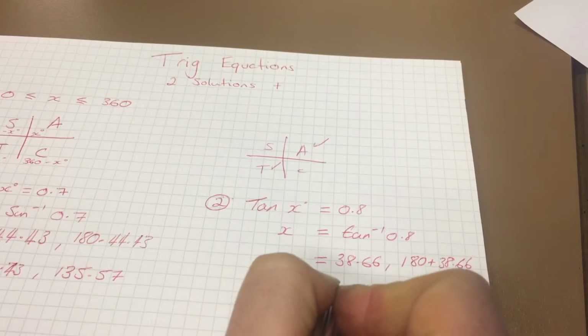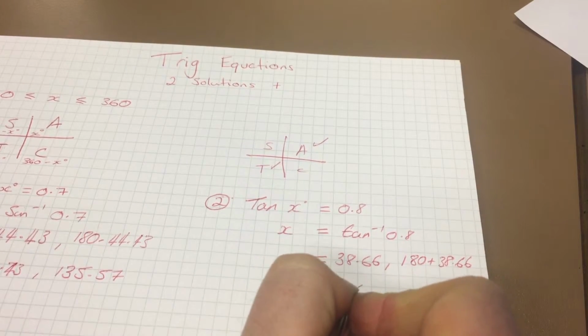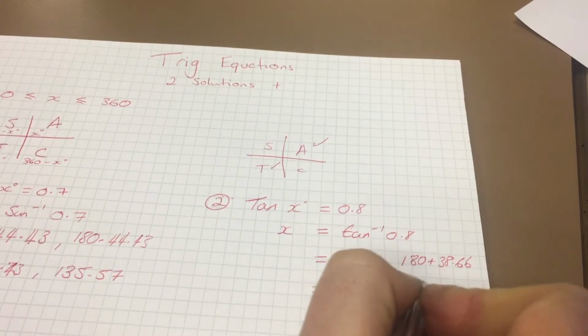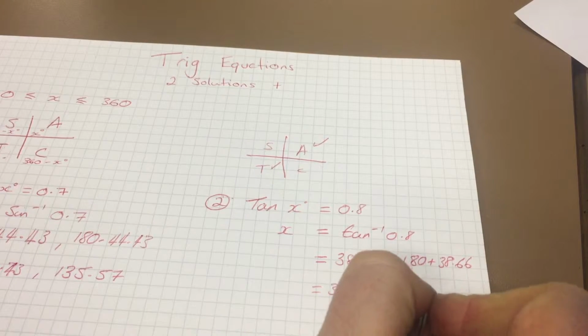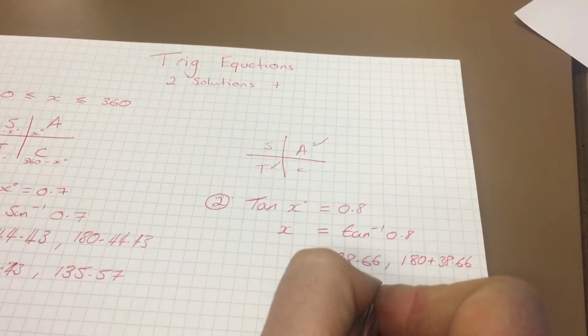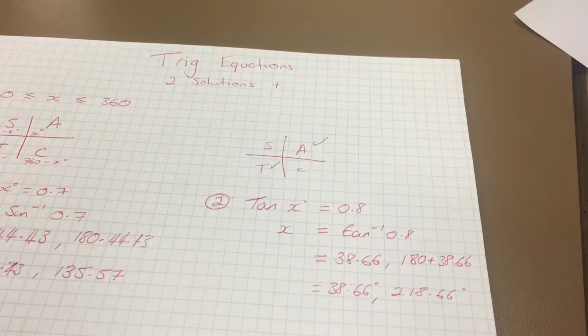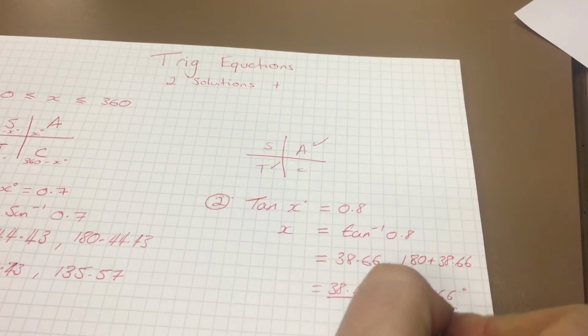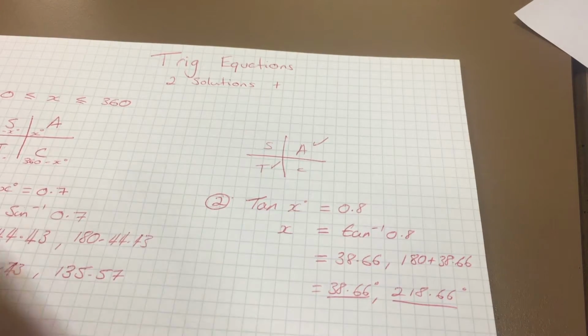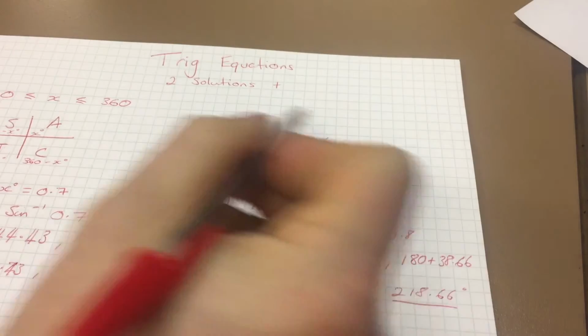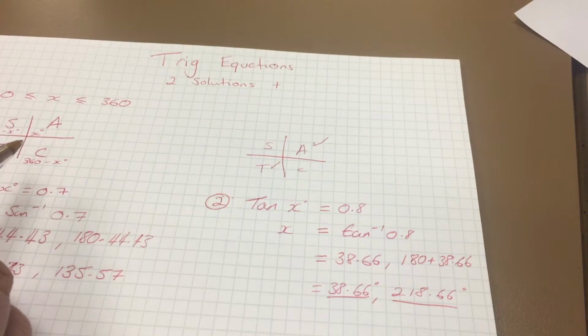So our two answers are 38.66 and 218.66. So two solutions over 360. Now if it's a cos equation, you would do it with the cos quadrant, 360 minus the calculator.